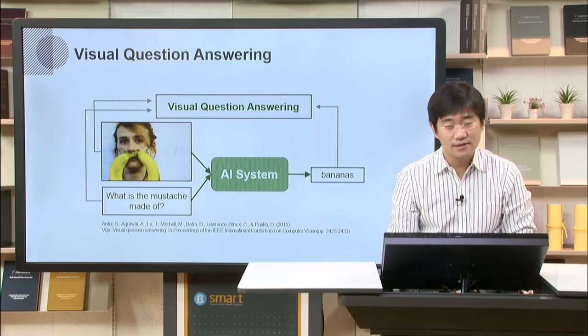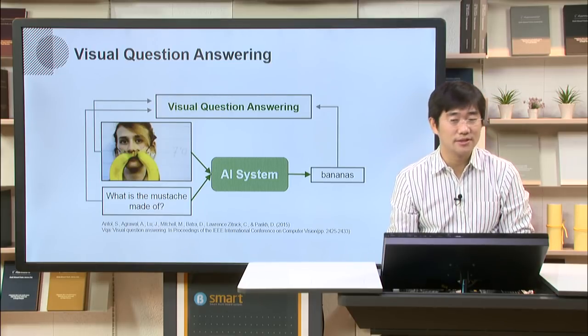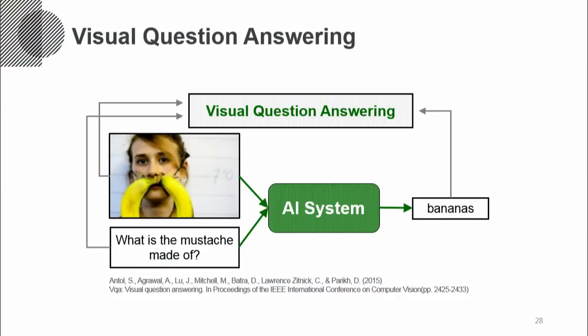Now let's look at a slightly different problem called visual question answering, compared to this image captioning problem. In this visual question answering, or VQA for short, task, we are given an input image and additionally a question described as a natural language sentence.